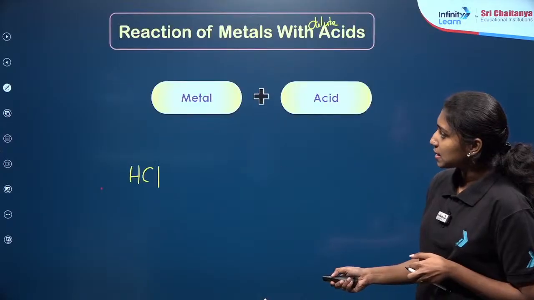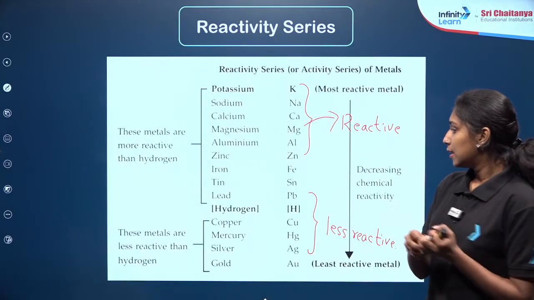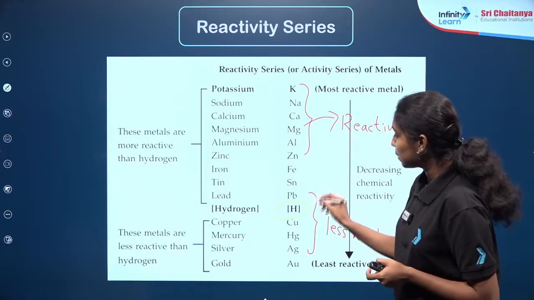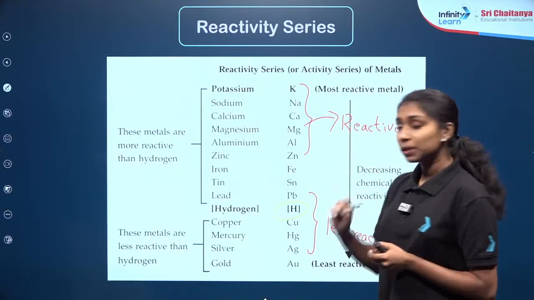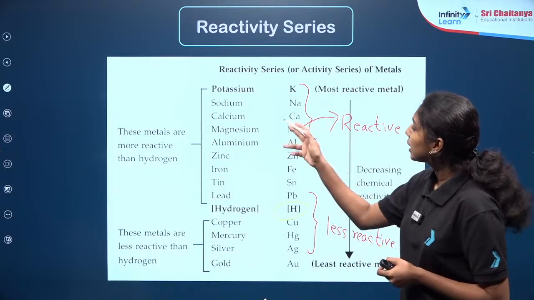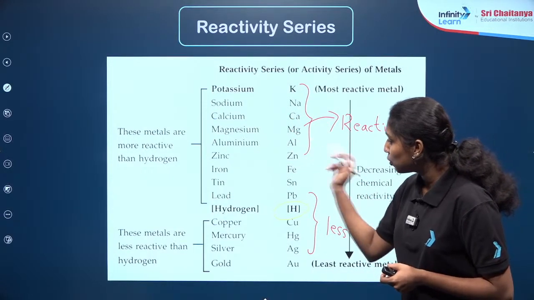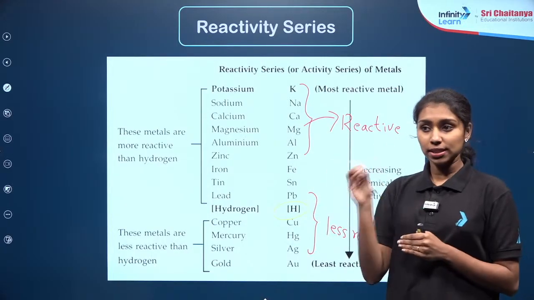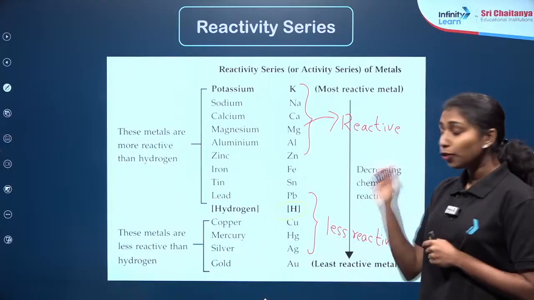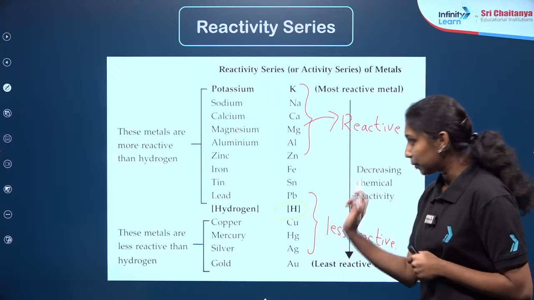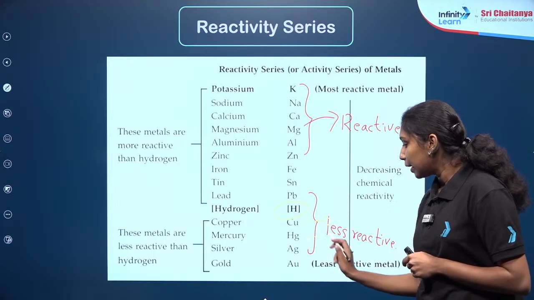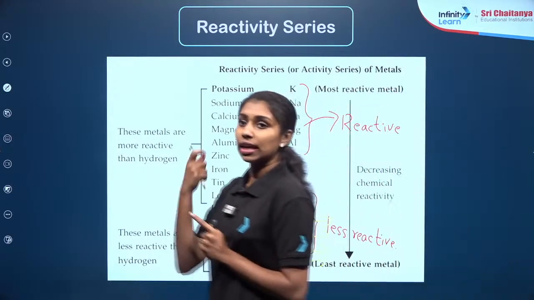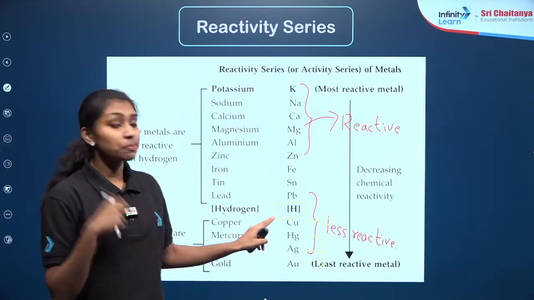Let us see the reactivity series here. So this is the position of hydrogen, right? Those above the hydrogen can displace the hydrogen from the particular acid. For example, potassium, sodium, calcium, magnesium, aluminium, zinc, iron, tin, lead can displace the hydrogen atom from the corresponding acids to get the corresponding salt. But if you are taking copper, mercury, silver or gold and reacting them with the particular acid, you will not get the corresponding salt.